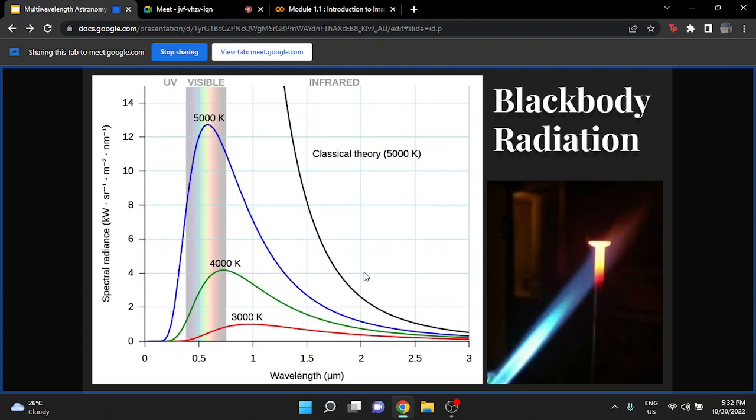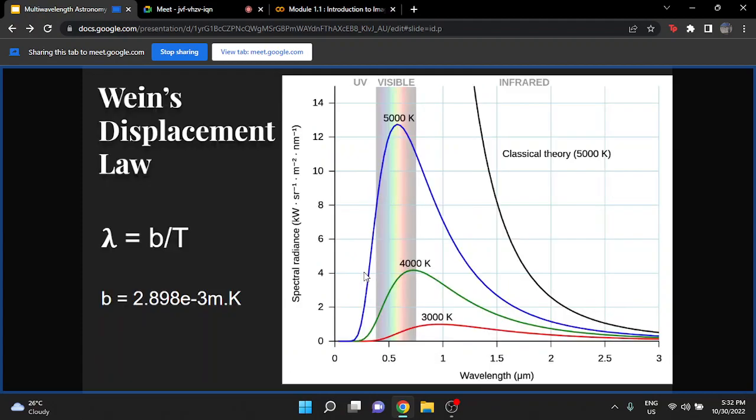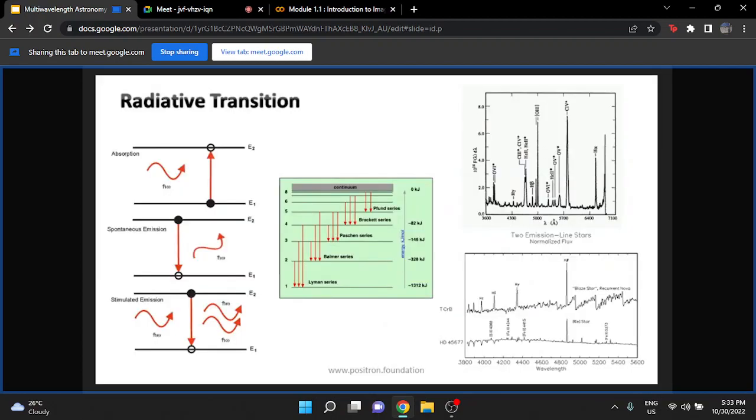From the black body radiation derivations, there is one approximation called Wien's approximation, and it gives you a law called Wien's displacement law, which gives you the proportionality relation between the peak wavelength and the corresponding blackbody temperature. That means if you know what wavelength a blackbody is peaking at, you can give its corresponding temperature.